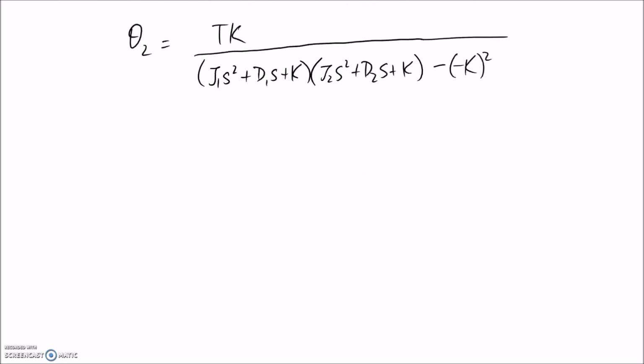Alright, keeping on going. The transfer function we were looking for was theta 2 on t, and we can get that just by dividing down to the bottom line. So k stays up the top, and I'm going to make the effort to expand this out, because what you should see with these 2 degree of freedom systems, which are purely rotational, is that whatever ended up in this minus part on the end from the determinant should cancel with something else inside the equation.